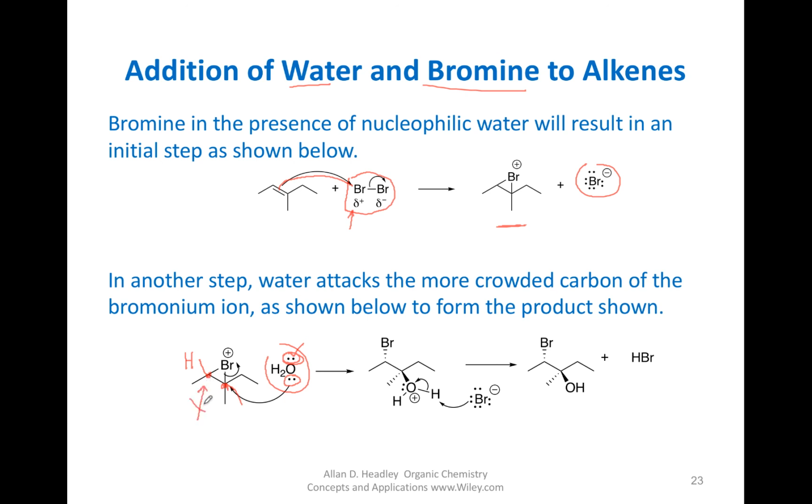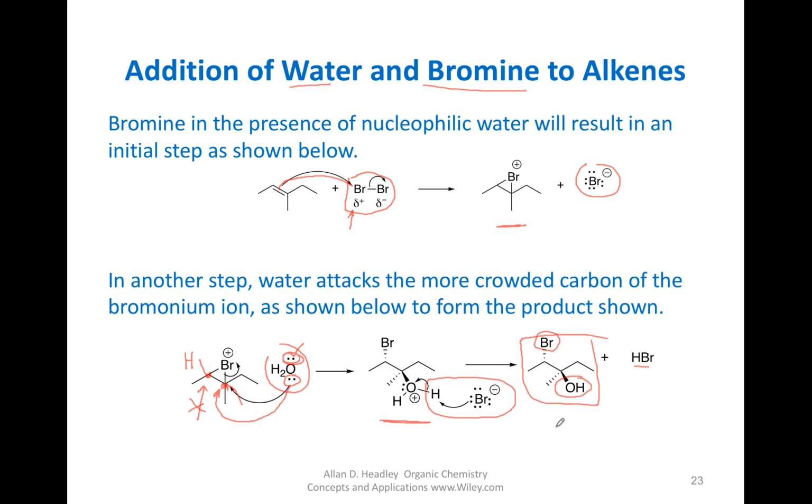This is the intermediate, and of course water can pull off this hydrogen as HBr, so this is your product. Notice, key here is stereochemistry: trans. This OH and this Br are trans to each other because the bromine is sitting on top of these two carbons and the water is coming from below to attack that carbon. That's why the product is trans.